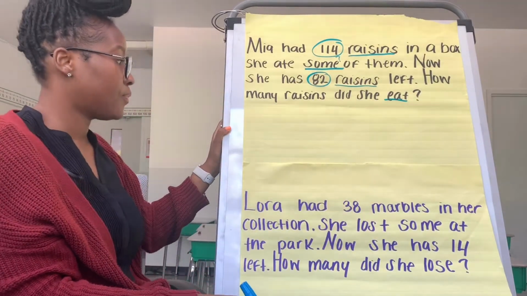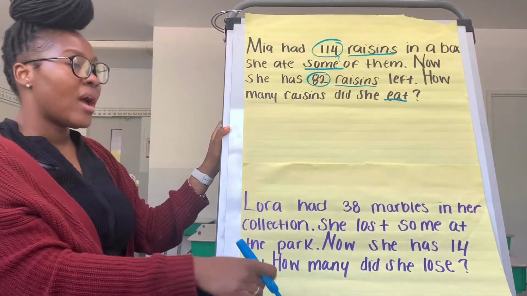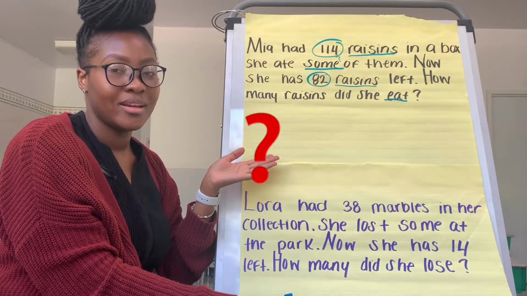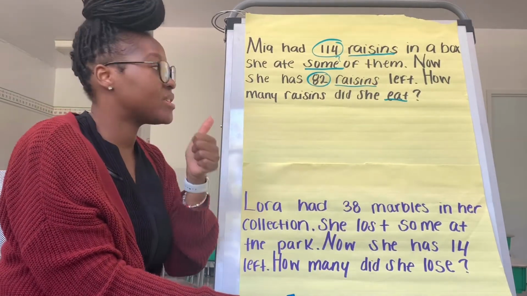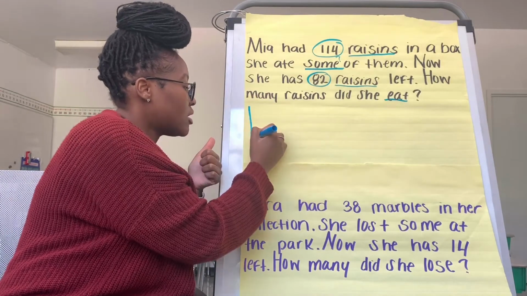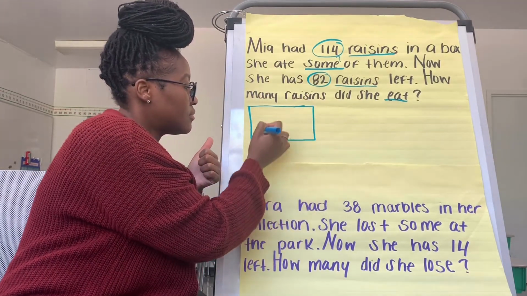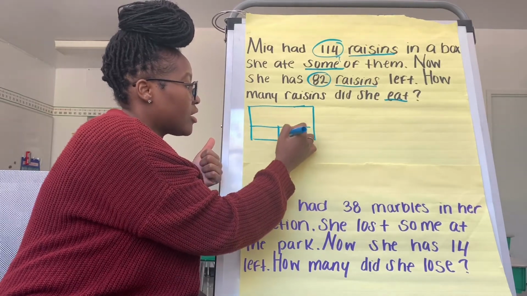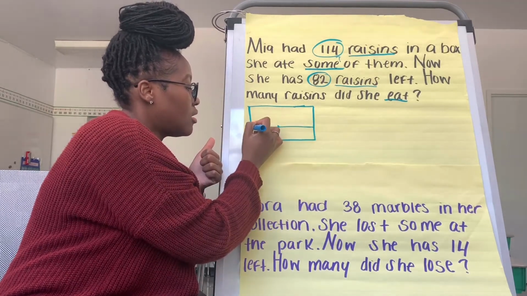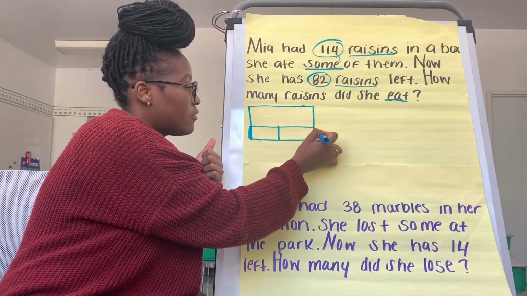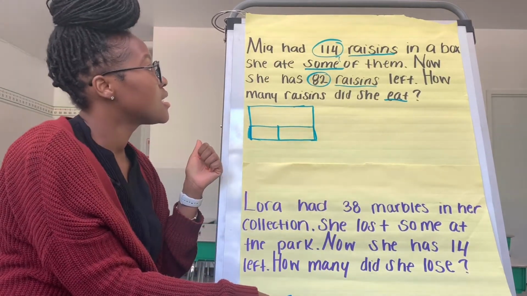All right. So after we mark up our story problem, what do we need to do next? Yes, we need to represent the story problem. So let me go ahead and draw my part-part-whole box. We're gonna do this one together. What's one thing we know from marking up the text?